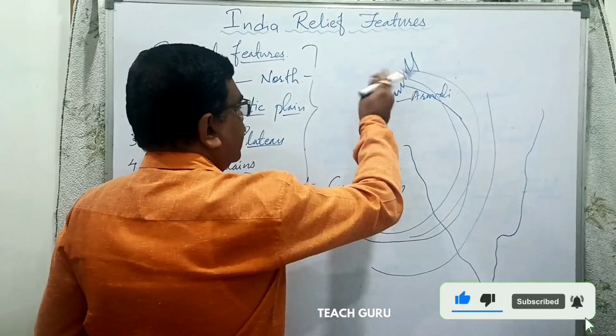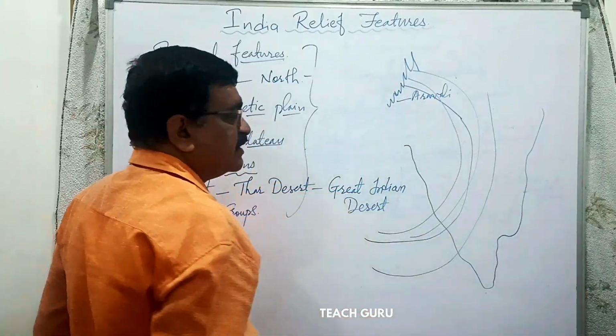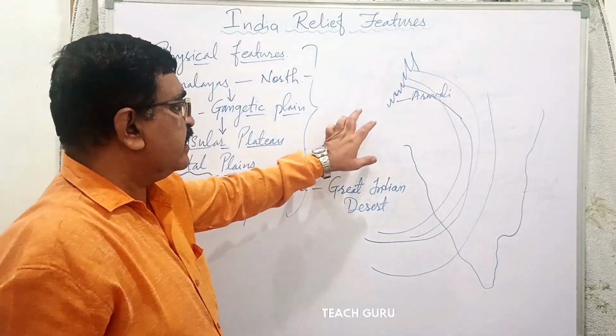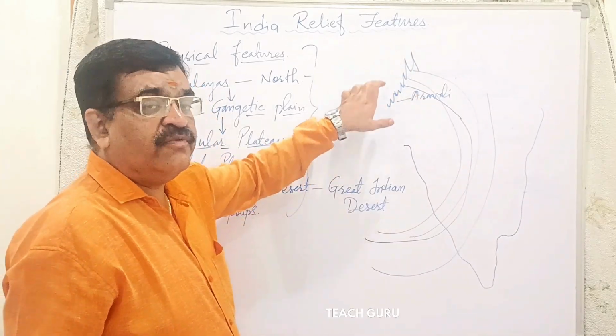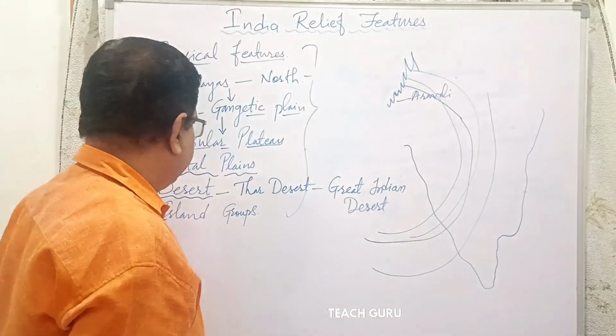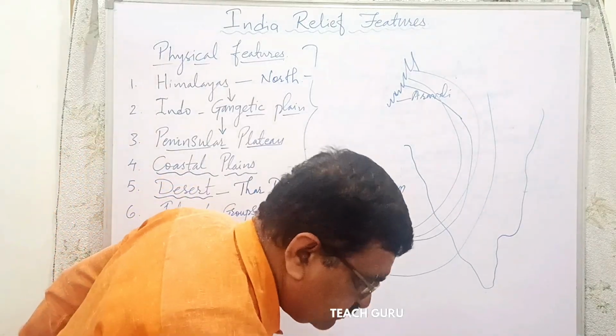The western part of Aravalli mountain will come into the rain shadow region, and that's why the desert is there in the western part of Rajasthan.